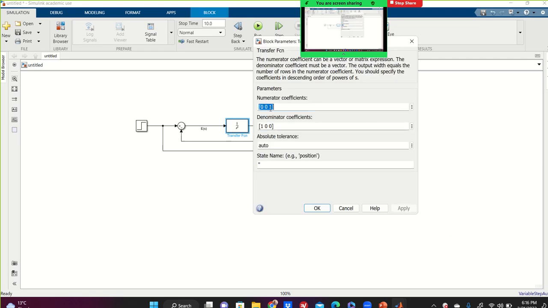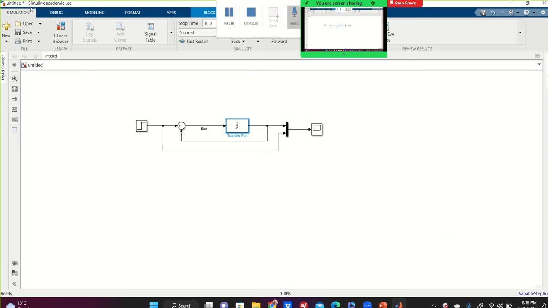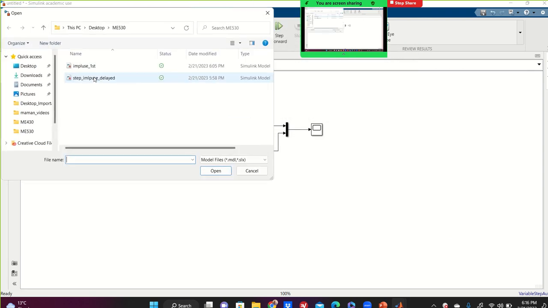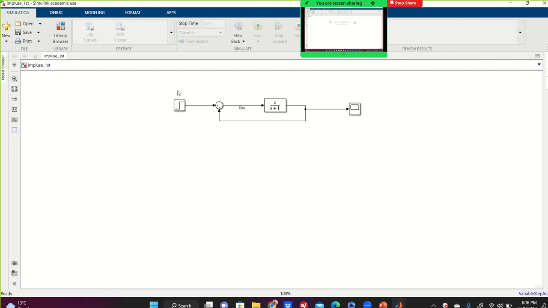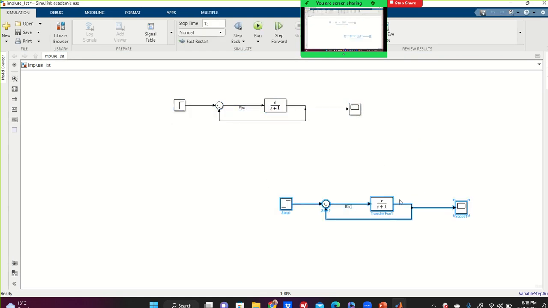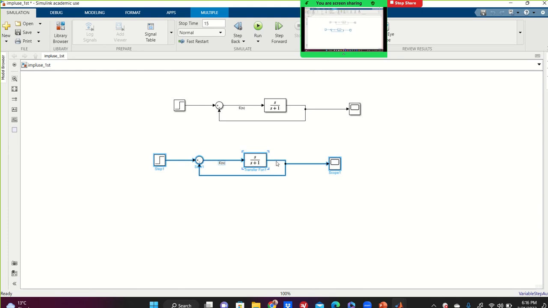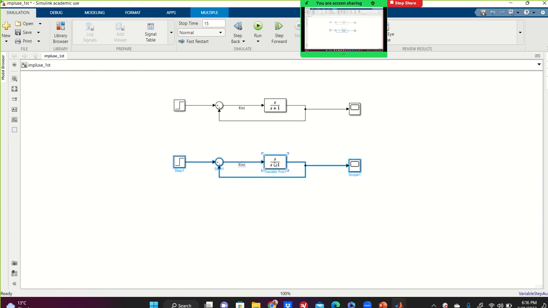No, I want to do it in the previous one, the impulse here. I'm just copying and pasting, because when you run this, I want you to see the difference. So this was for the impulse.